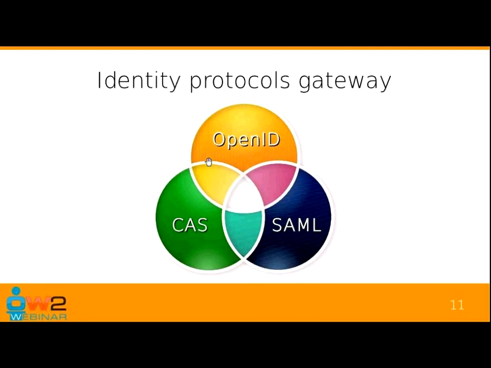For example, you can have a web application which knows the CAS protocol, so we can do a CAS request to LemonLDAP. So LemonLDAP will act as a CAS server, and then LemonLDAP can use SAML to authenticate the user to the SAML identity provider, which means the user can access a CAS protected application through SAML protocol authentication.